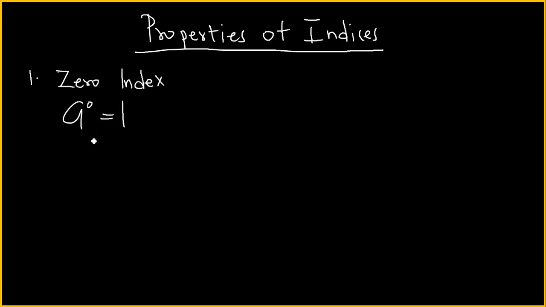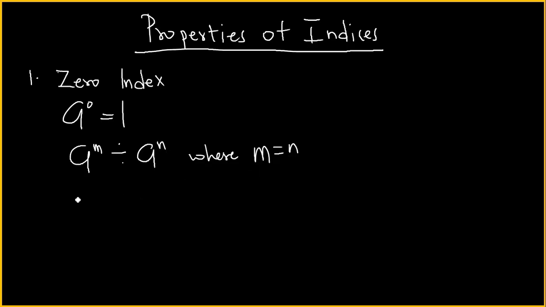So in an expression a to the power m divided by a to the power n, where m is equal to n, with the powers, m is equal to n, and this can be used interchangeably.